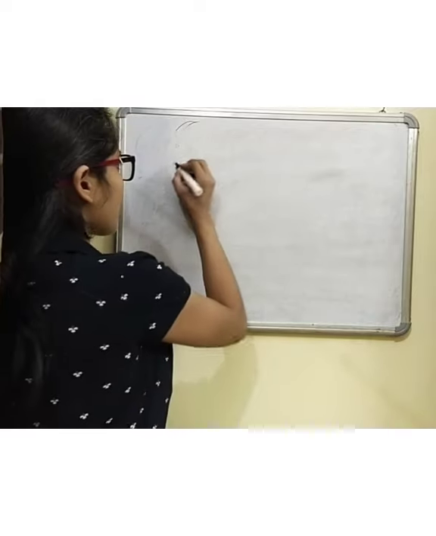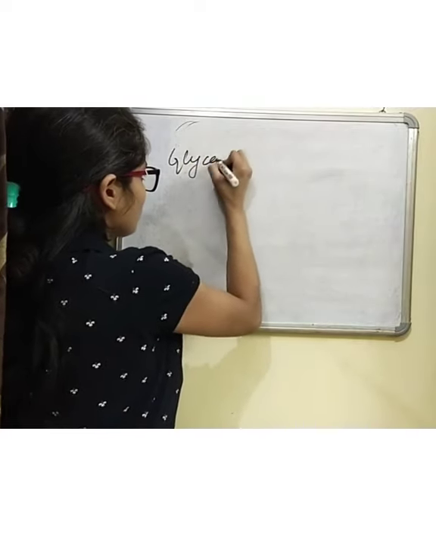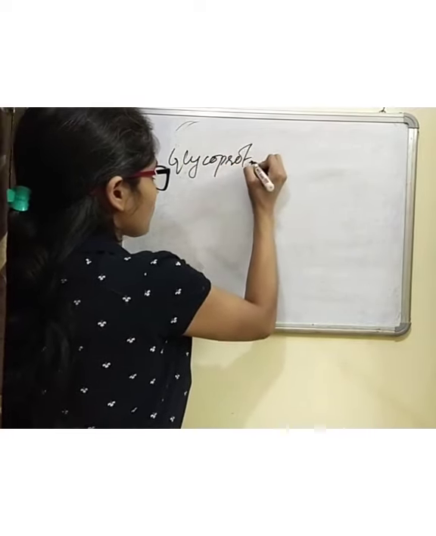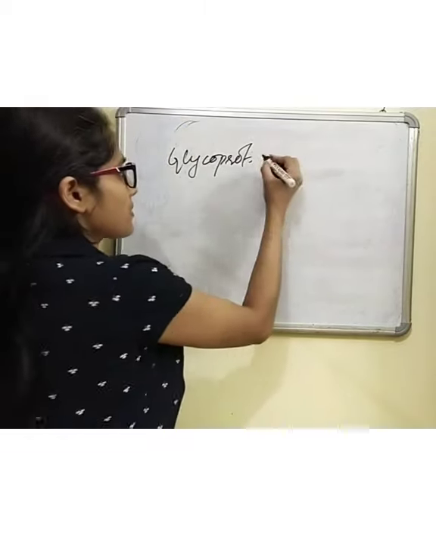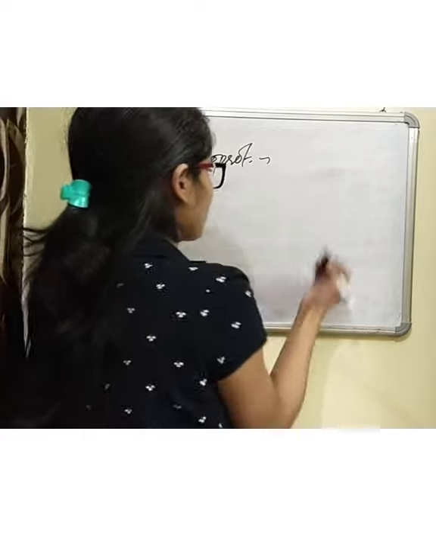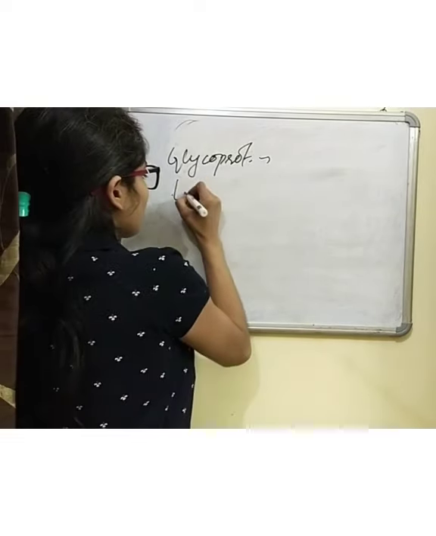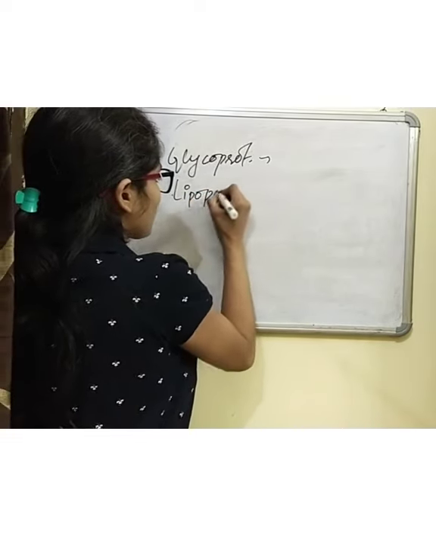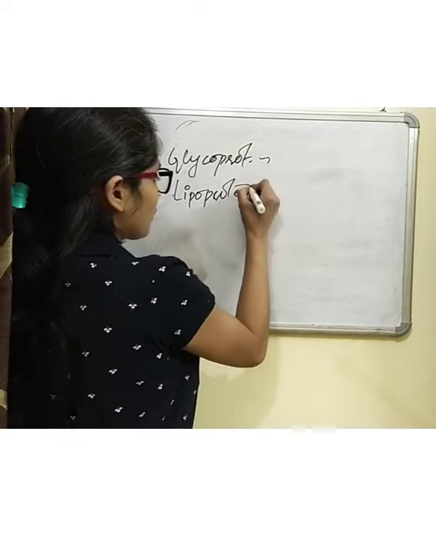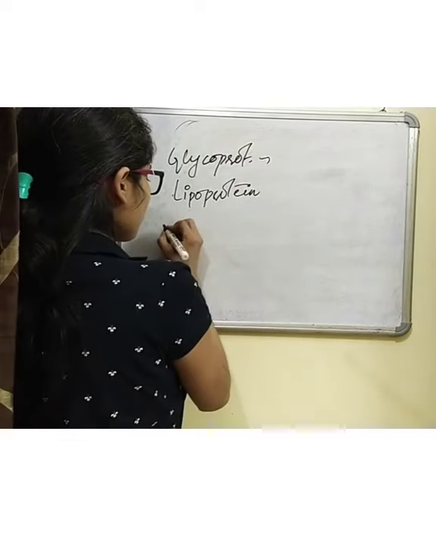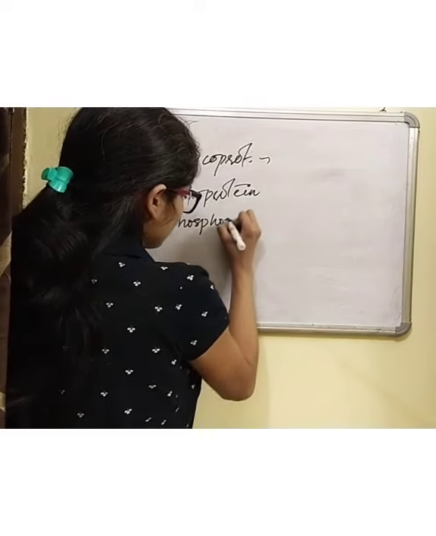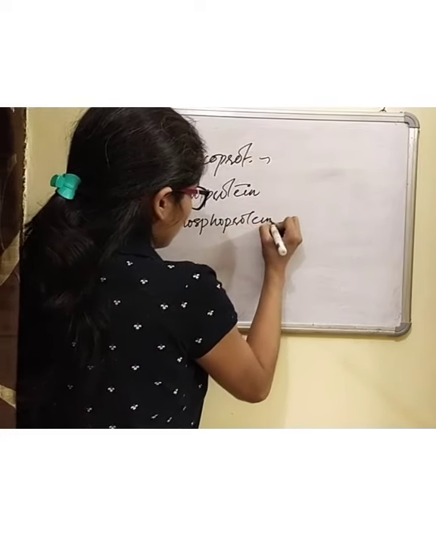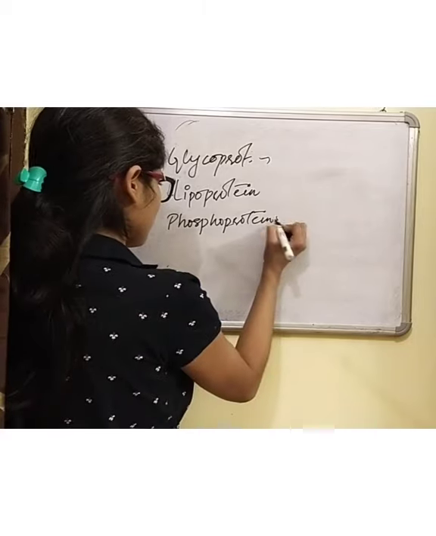Some examples of these conjugated proteins are glycoproteins, where the prosthetic group is carbohydrate moieties. Then we have lipoproteins, where the prosthetic group is lipids. Phosphoproteins, where the prosthetic group is phosphate groups.